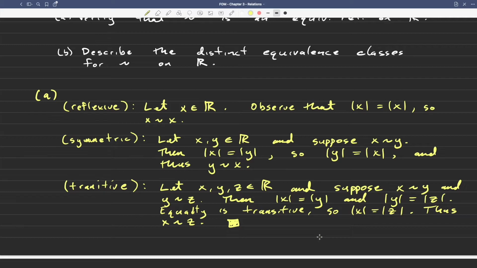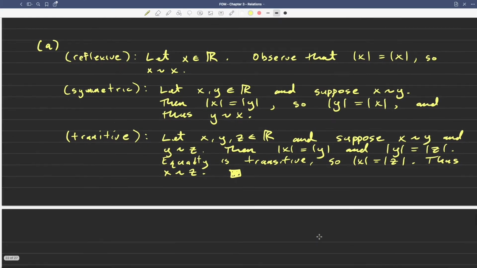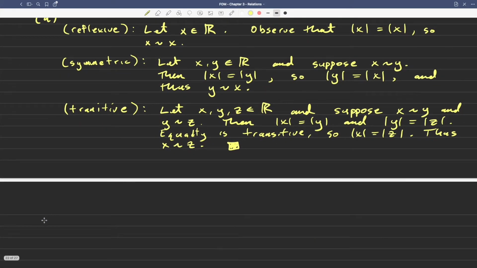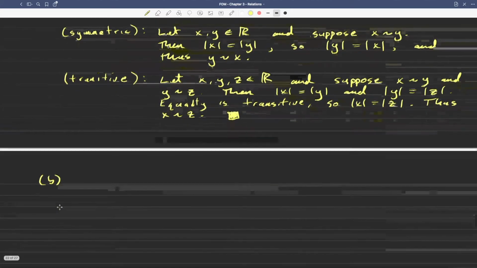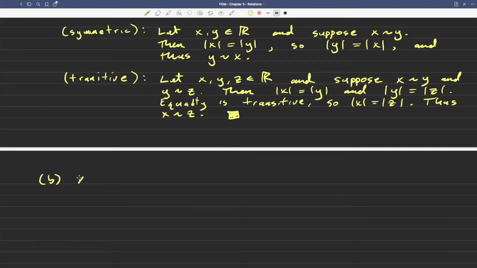So now let's think about the distinct equivalence classes. And I'll approach this a little bit experimentally. So the equivalence relation is x is equivalent to y if and only if absolute value of x equals absolute value of y. And this is defined on the reals, so I'm just going to think about numbers on the real number line here. Maybe we'll just start with 0. Like, what's 0 bar?